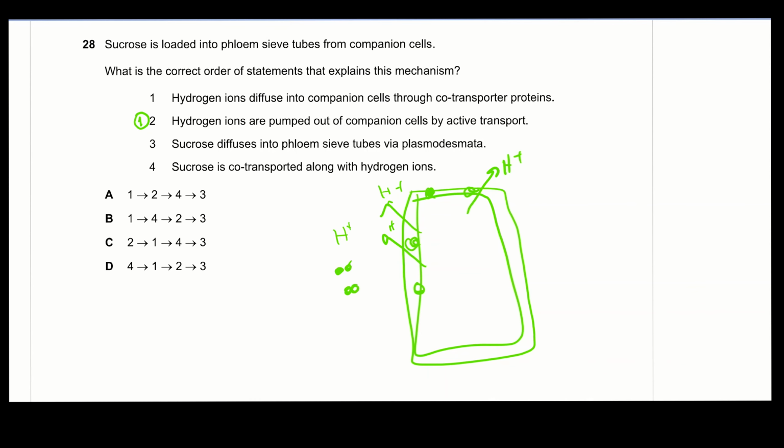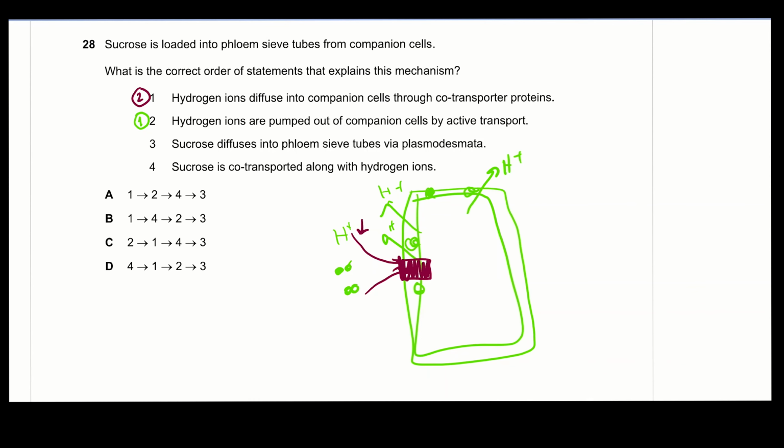So both the hydrogen and sucrose move back into that companion cell through a membrane protein called a co-transporter protein. Now, the hydrogen ions move down the concentration gradient and the sucrose moves against the concentration gradient into the companion cell. So this is step number 2.